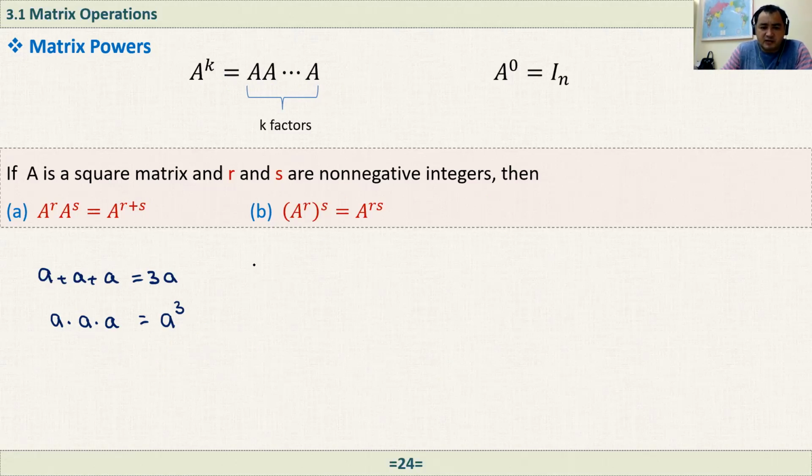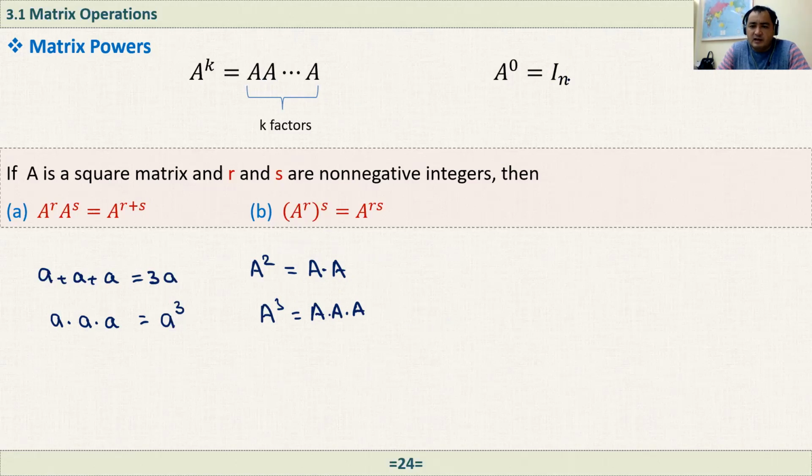So that means that if you are given matrix A, then A squared means A times A. Well, it's not the dot product, just the matrix product. For example, A cubed is A times A times A. This is how we introduce power for matrices. And here we also define that A to the power of 0 is equal to I_n. What is I_n?